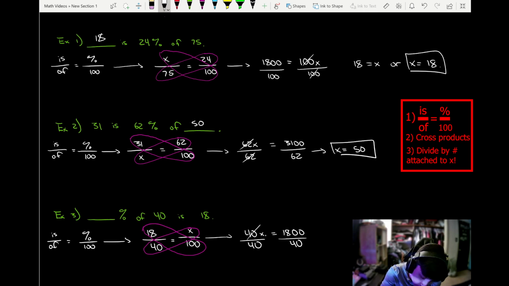So 40 over 40 cancels out, and then we're left with whatever 1800 divided by 40 was. So we get x equals 45. So back in the problem, it's 45% of 40 is 18. Okay, now you're going to try 3 quick problems like this.